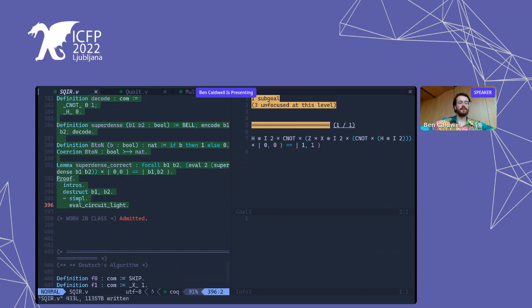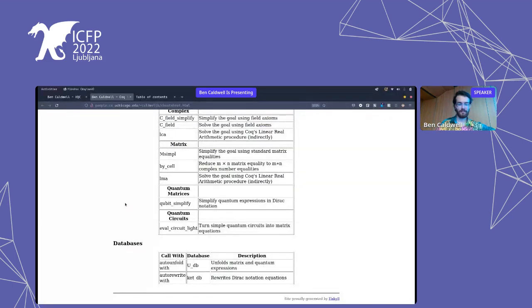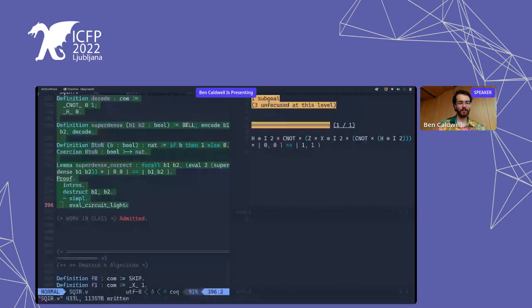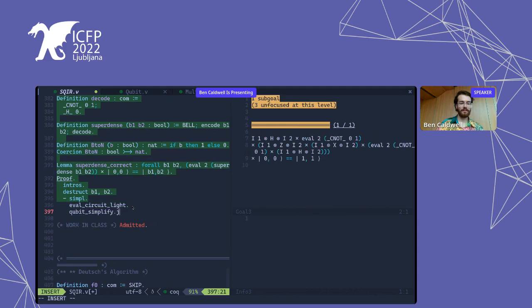Yeah, there's another qubit tactic, qubit simplify, and I believe this one uses it to great effect. Or it just hangs.